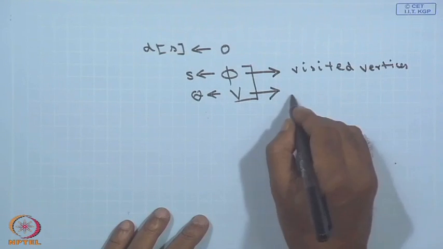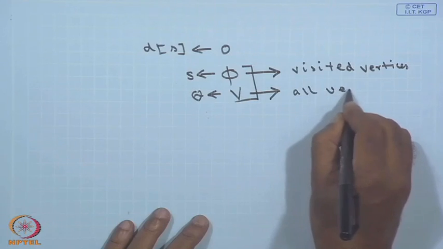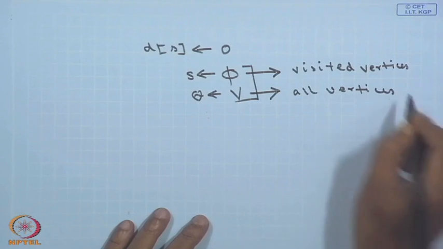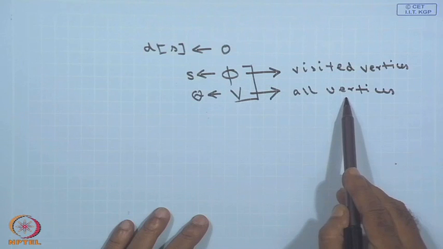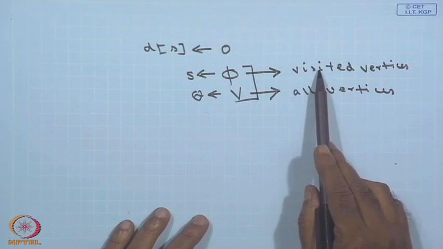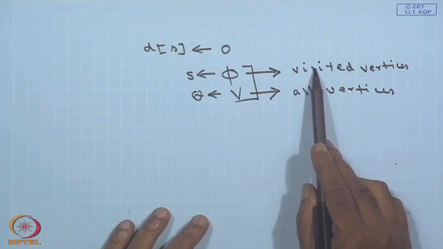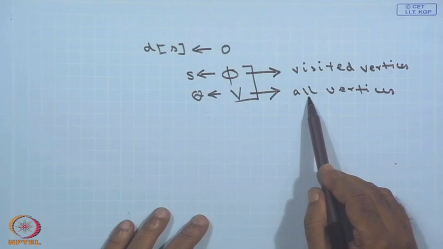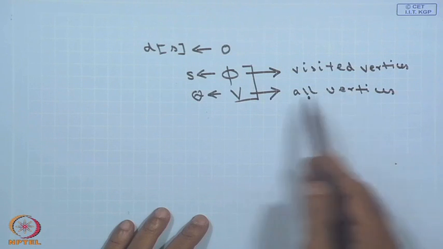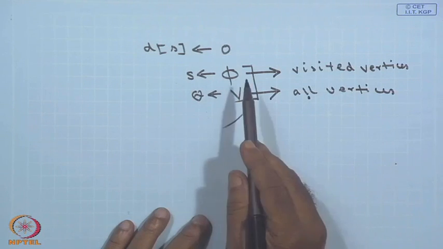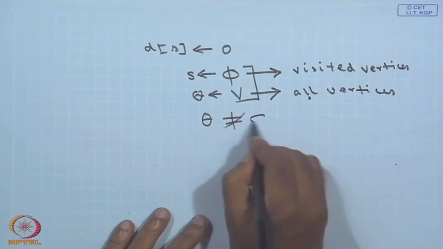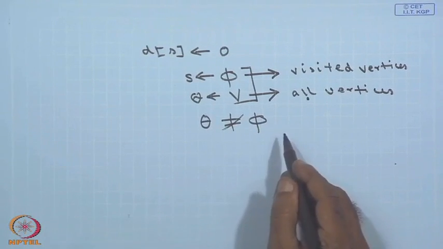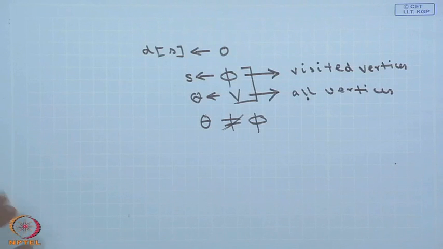Once I am visiting a vertex, then that will be moved to S and that will be deleted from Q. And ultimately, our aim is we will repeat our relaxing process until your Q is not equal to phi. For this condition, we will move from there.